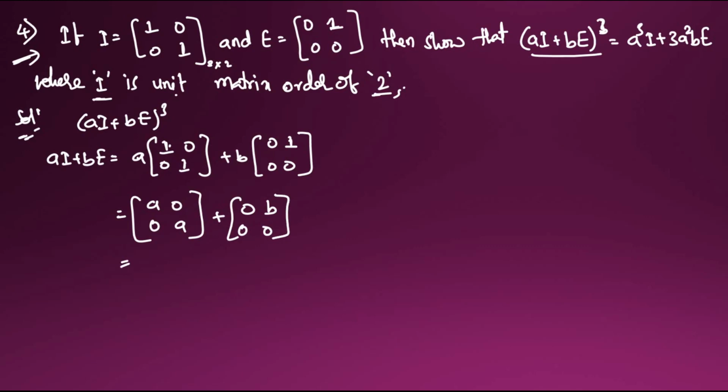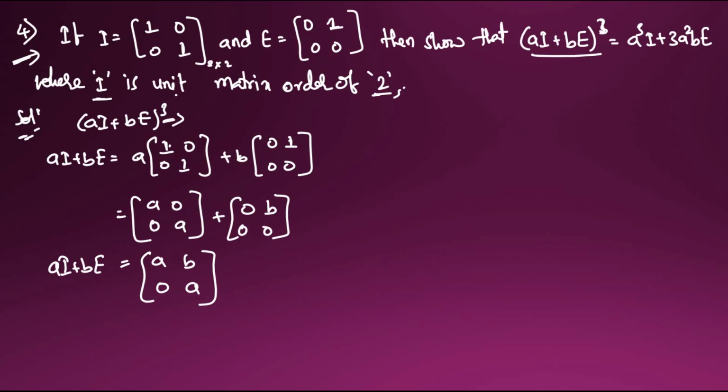So if we add this one, A B 0 A, this total we will get here, which is AI plus BE. So we have to do the whole cube of this total thing, so that we'll get the answer.